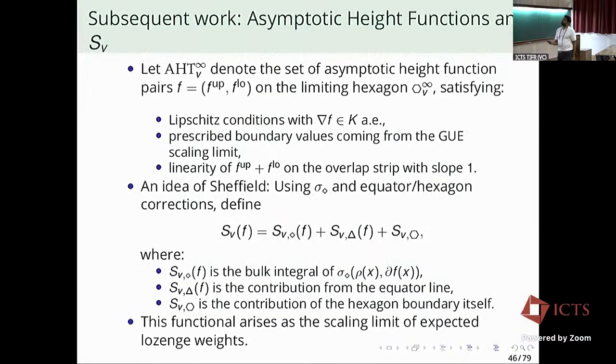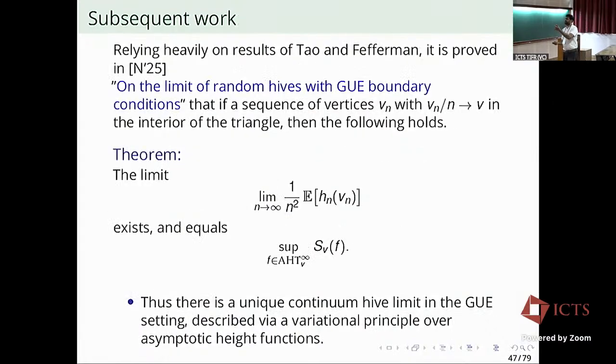So in follow-up work, we have shown that this subsequential convergence that I just described is actually a proper convergence. It converges to a limit shape, the Hives, and these are obtained by some variational characterization of the limit. It's based on an idea of Sheffield of getting a new kind of surface tension, and then we get this result that the limit of the expected value also converges.